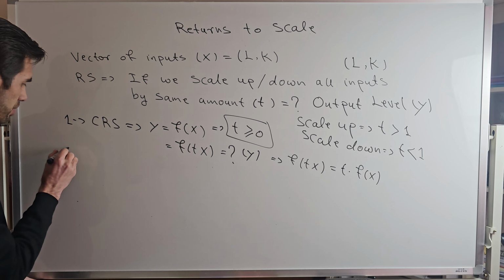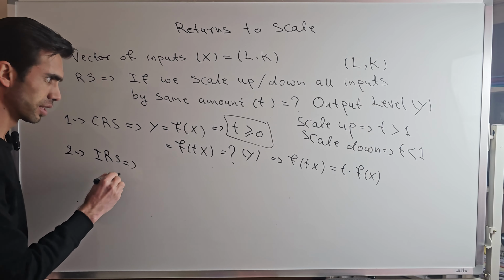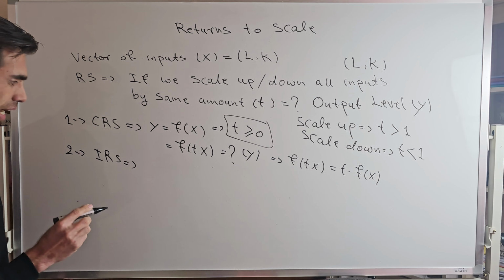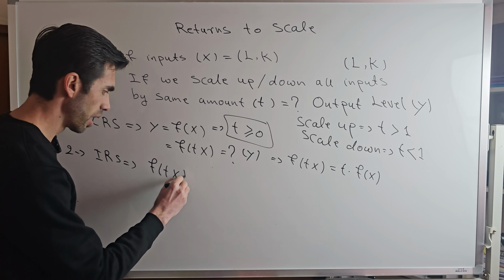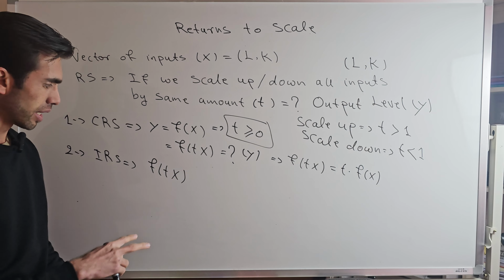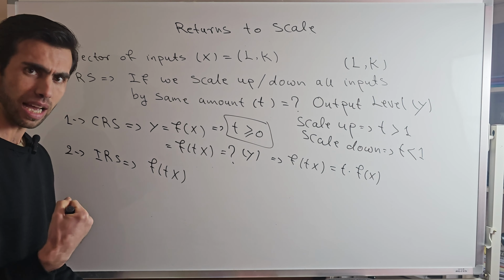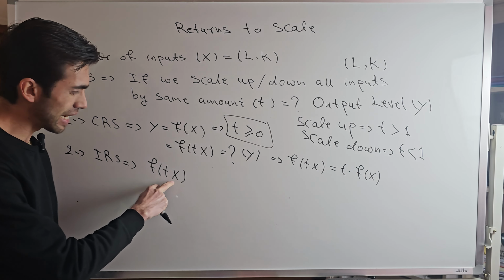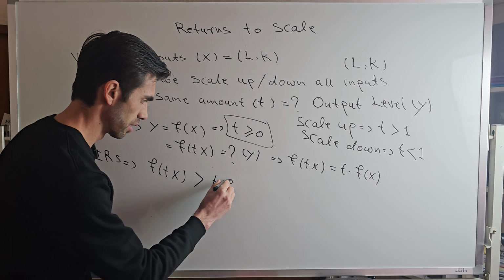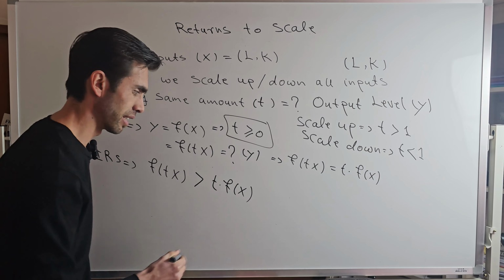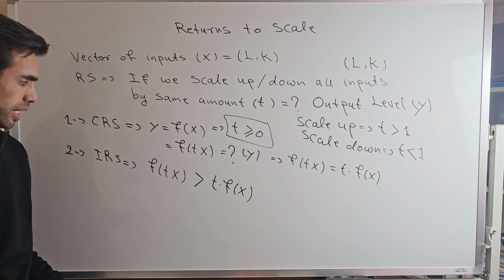The next one is increasing returns to scale. In the case of increasing returns to scale, if we scale our input level, the output that we get by scaling is greater than t multiplied by the existing output level. What does it mean?